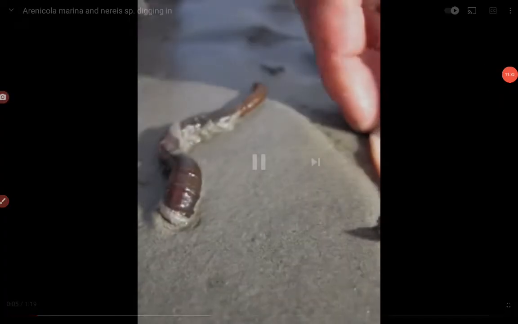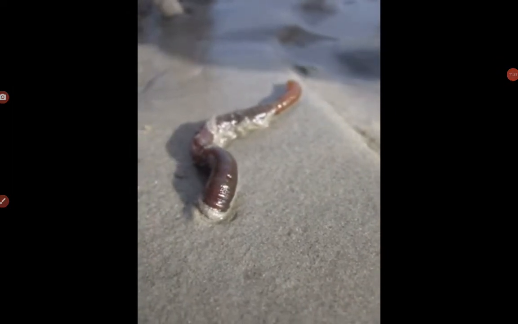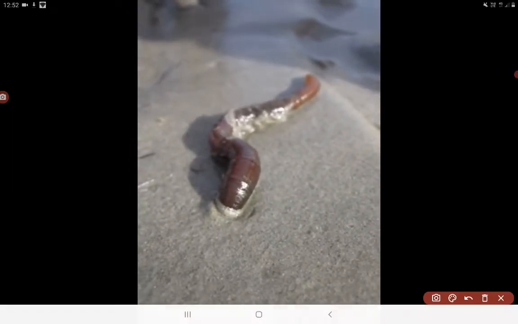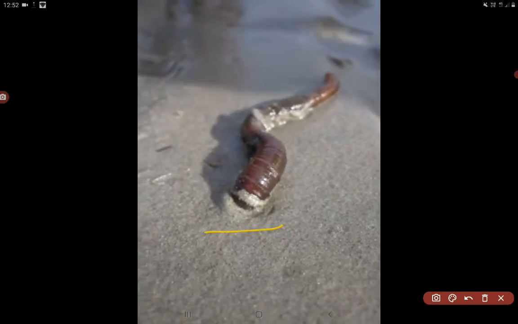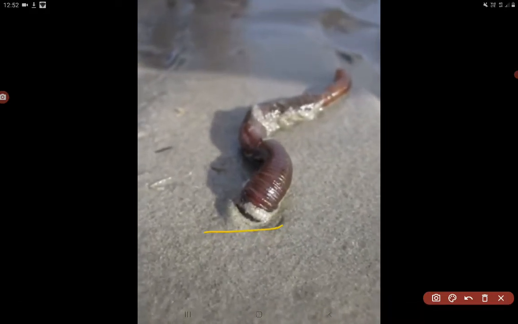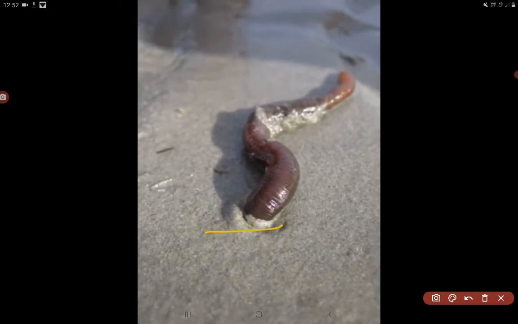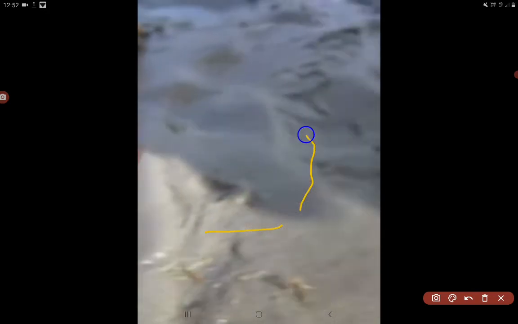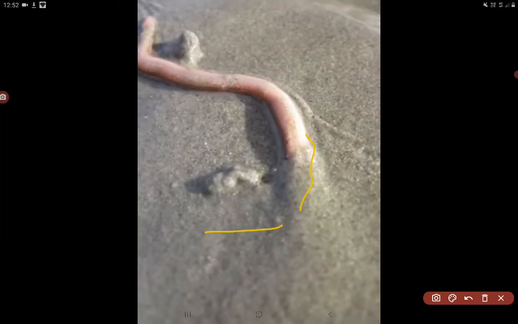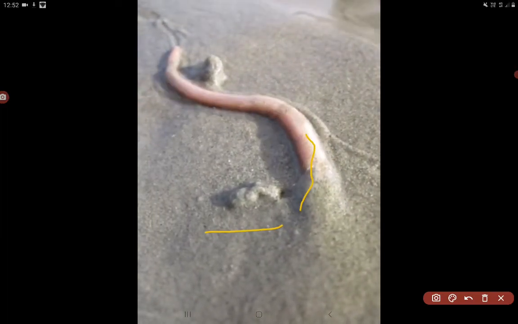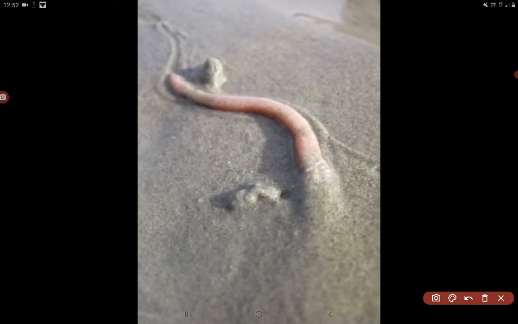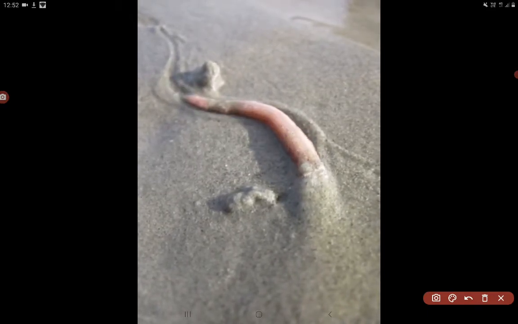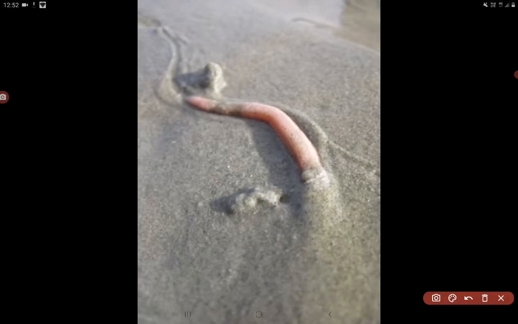You can see it here. This is Arenicola, burrowing itself into the ground. You can see they have no parapodia on their body. This is another one. They have no parapodia and they move by peristaltic movement, burrowing themselves into the sand.